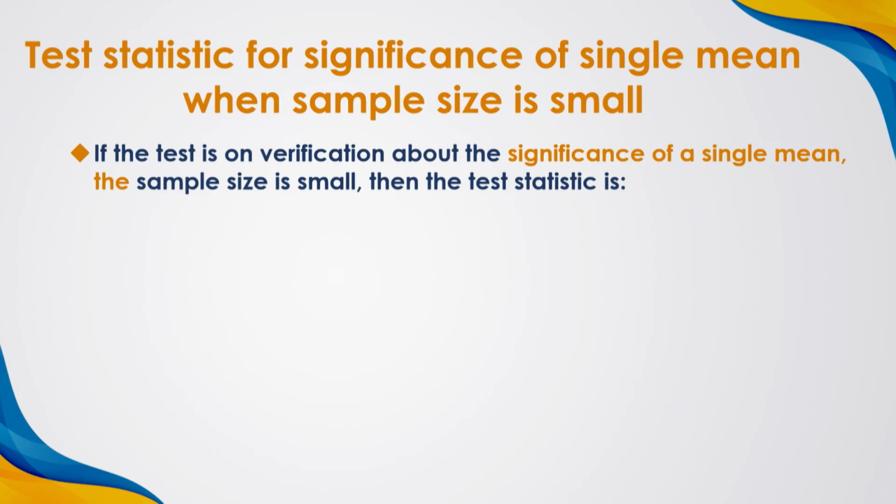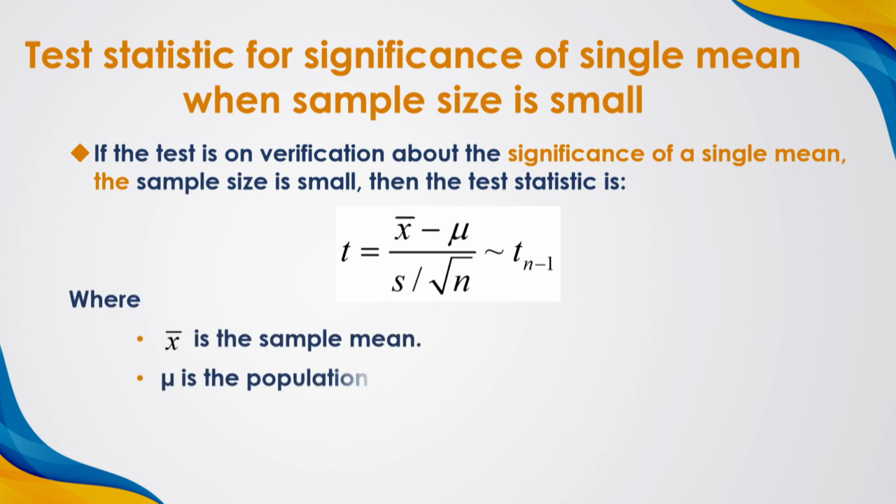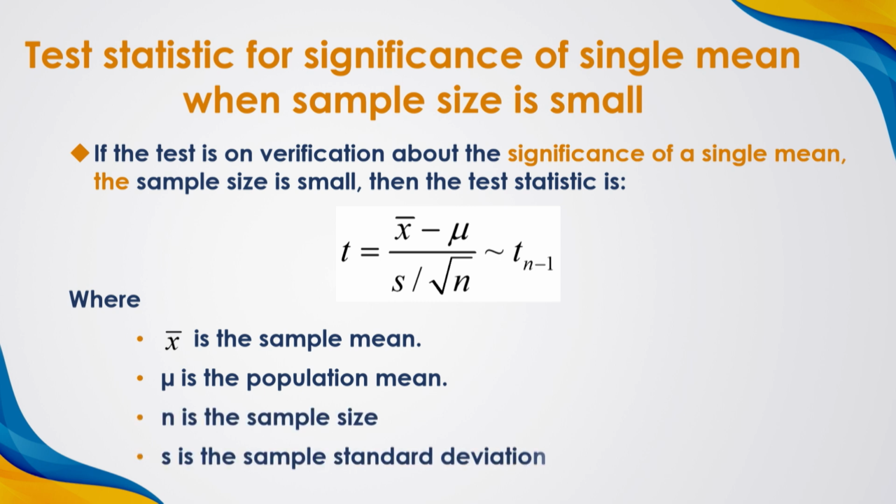If the sample size is small, and the test is on verification about the significance of a single mean, then we have to make use of a test statistic which is called t, equal to x bar minus mu by s by root n, which follows t with n minus 1 degrees of freedom, where x bar is the sample mean, mu is the population mean, n is the sample size and s is the sample standard deviation.